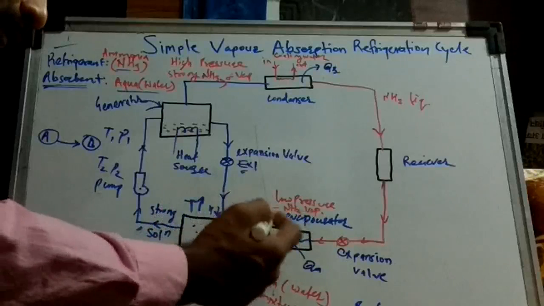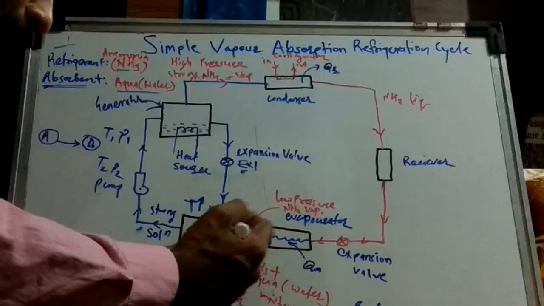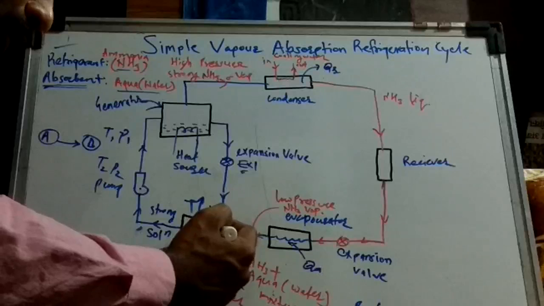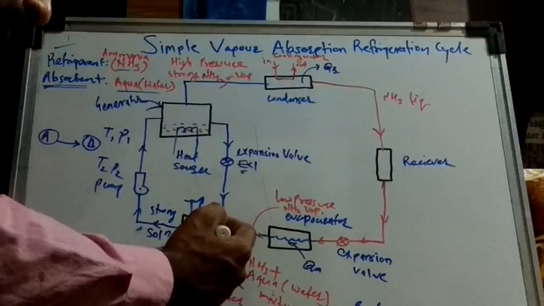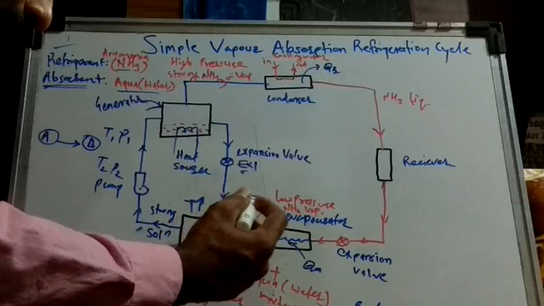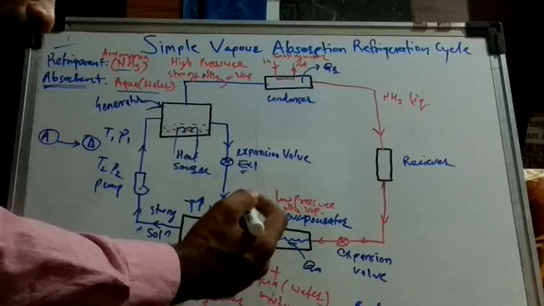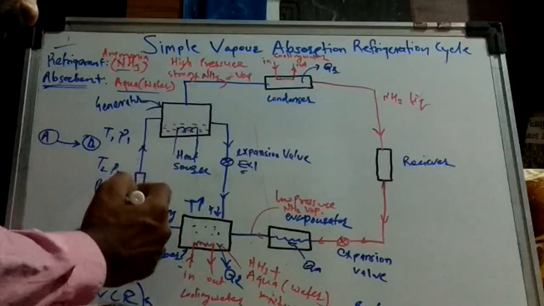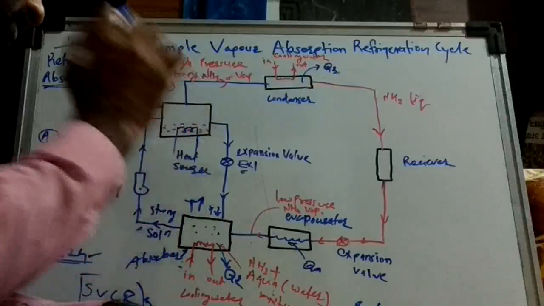By continuous absorption of ammonia vapor and its mixing with the absorbent, a very strong mixture will be formed, that is the mixture of ammonia and aqueous solution. That strong mixture will then be pumped with the help of this pump to the generator.